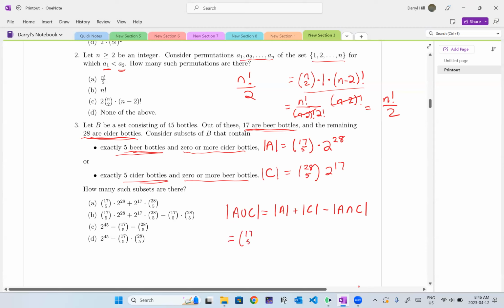This is 17 choose 5 times 2 to the 28, plus 28 choose 5 times 2 to the 17, minus, now I'm going to choose 5 beer bottles and 5 cider bottles, so 17 choose 5 times 28 choose 5. And do we have something that looks like that? Yeah, right here, so that looks like B.